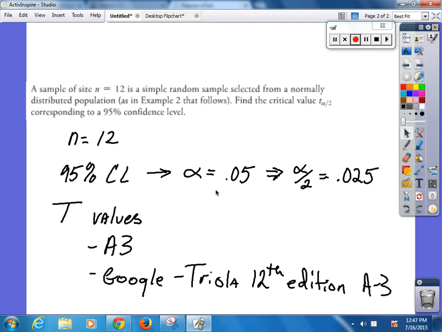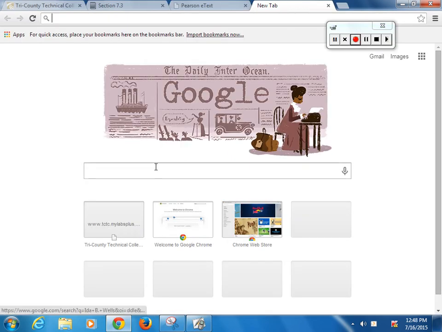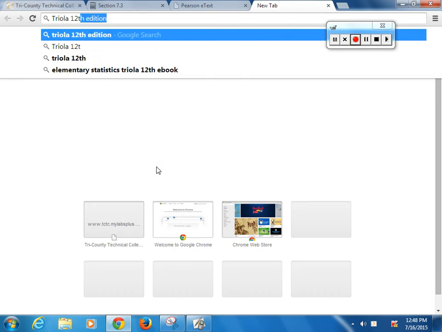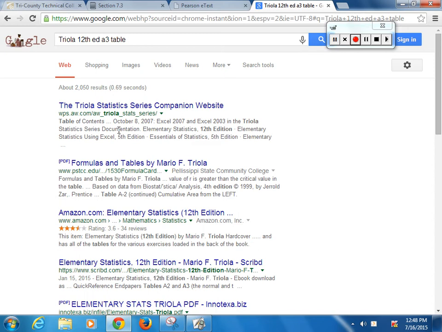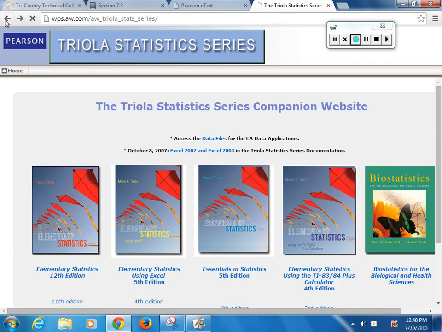So we go to our handy dandy Google. Triola 12th edition A3 table. Golly, look at there. Oops, wrong one.